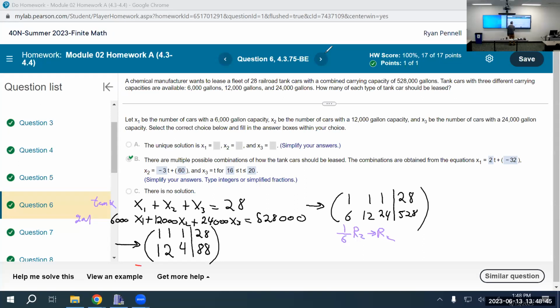Negative row 1 plus row 2 becomes row 2. Neat. Zero, 1, 3, 60.